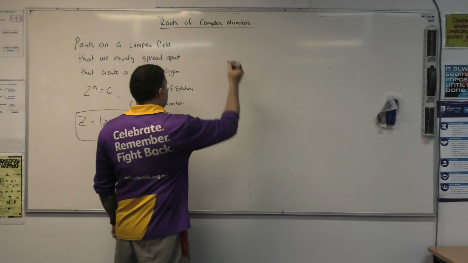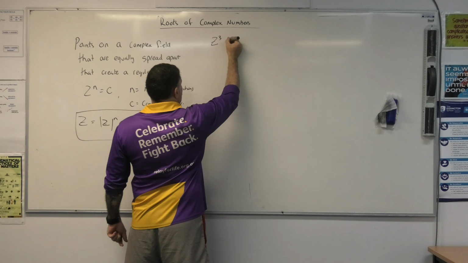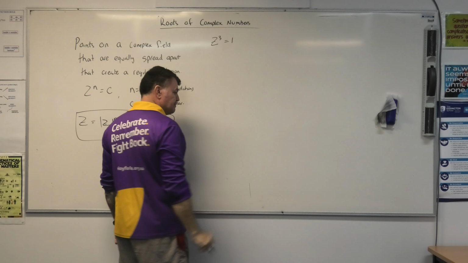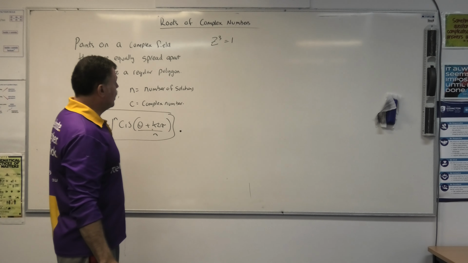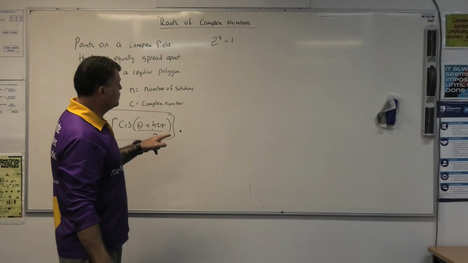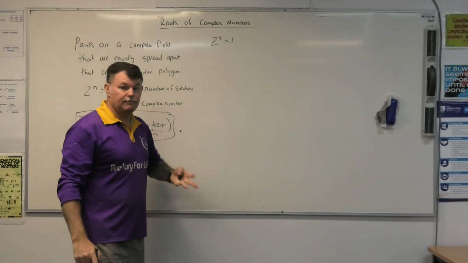For instance, if I had z cubed is equal to 1, what I know is I can rewrite this into a cis form.